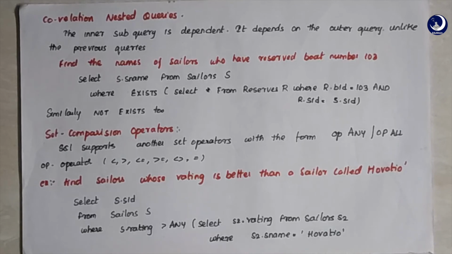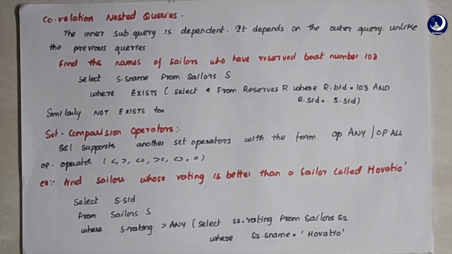Let's look at an example. Find the sailors whose rating is better than a sailor named Horatio. So there is some person with some weird name, and you want the sailors whose rating is greater than this person. Select S.sid from sailors S where S.rating is greater than ANY. Here is our syntax: operator followed by ANY.